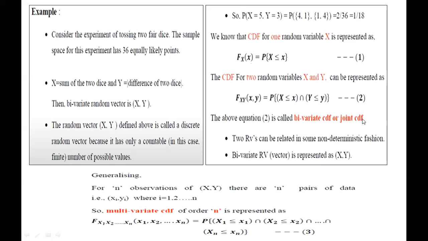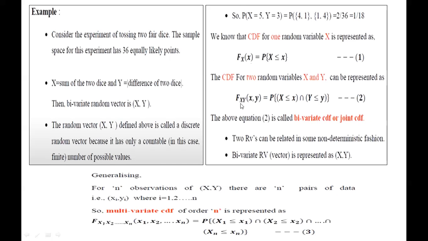I'll repeat: the single random variable, which we have studied in the previous module, is written with capital F with capital subscript X of x, equal to the probability of random variable X less than or equal to x.